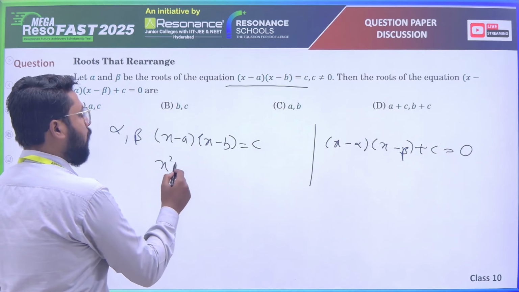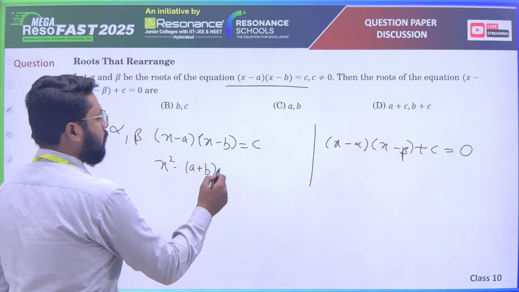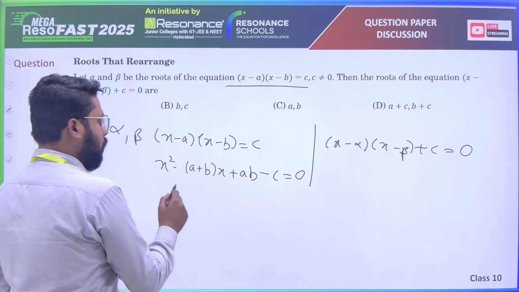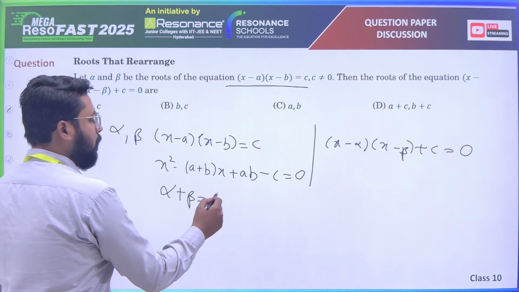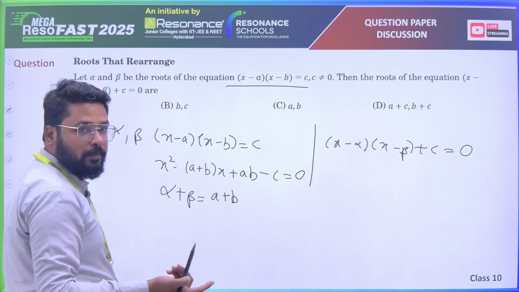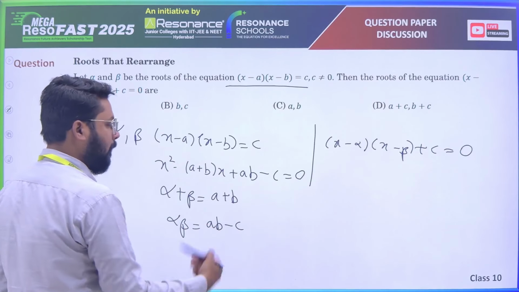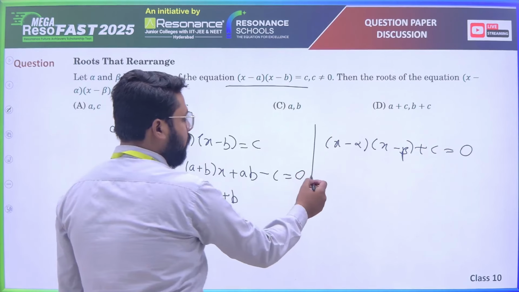This will be x square minus a plus b x plus ab, and this c will shift here. So if you see, the sum of the roots, alpha plus beta, is a plus b, and alpha beta is ab minus c. Okay, we'll simplify the other equation also.